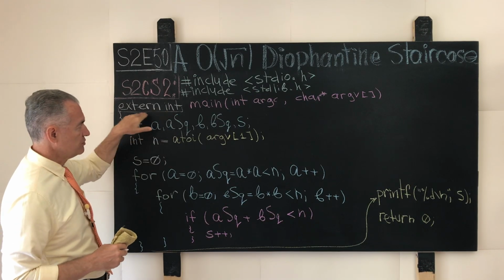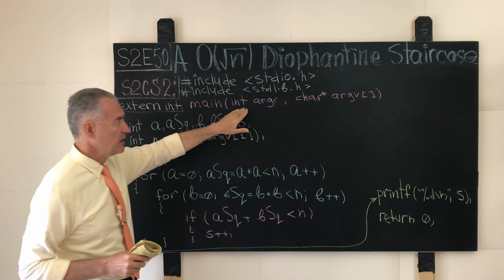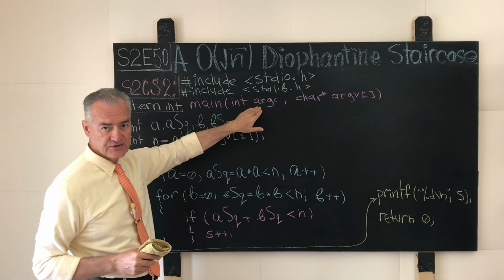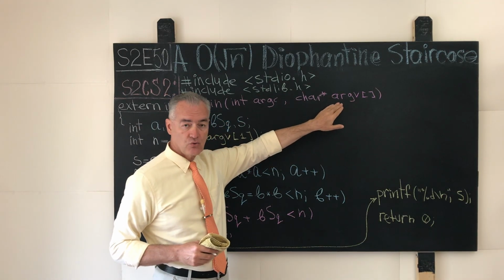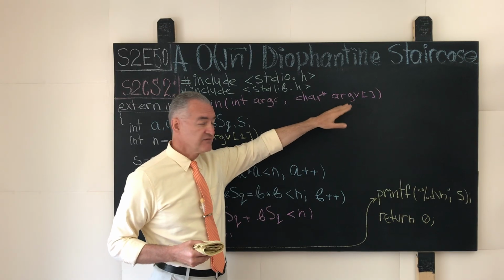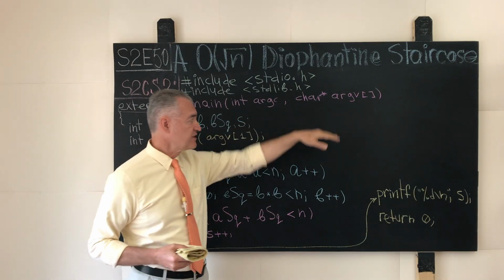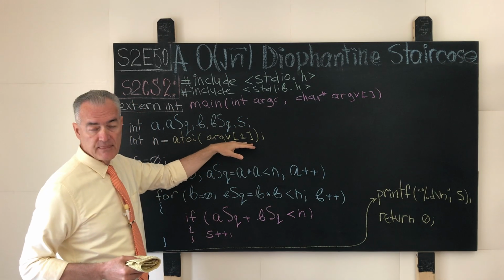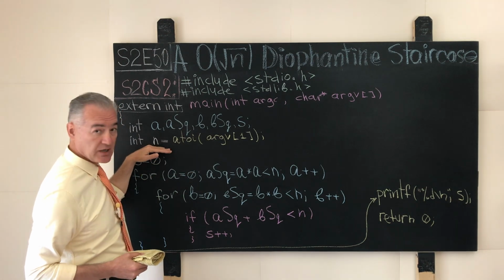I will not get into the details of linkage specification. Basically, main is the name, and these two are the arguments. argc is the count of the arguments, and argv is the vector or an array that contains all the arguments. argv sub 0, the first one, will be the name of this program, and argv sub 1 will actually be the argument that will become n.